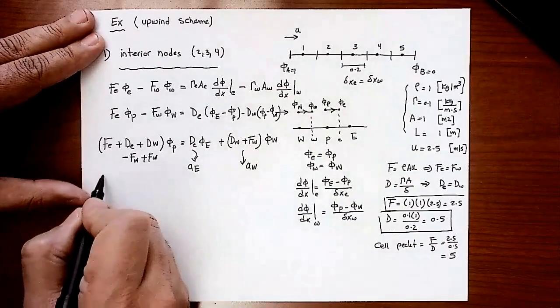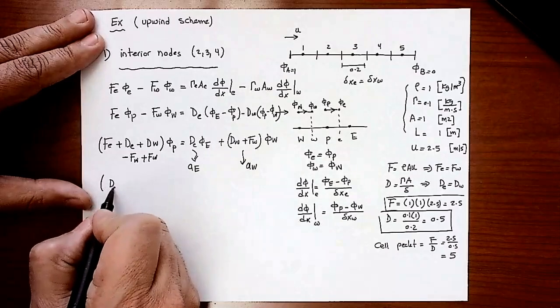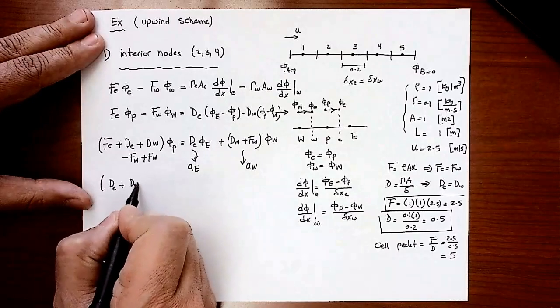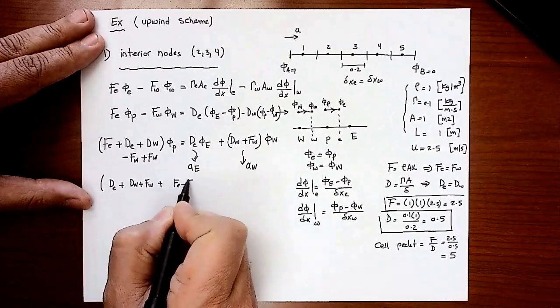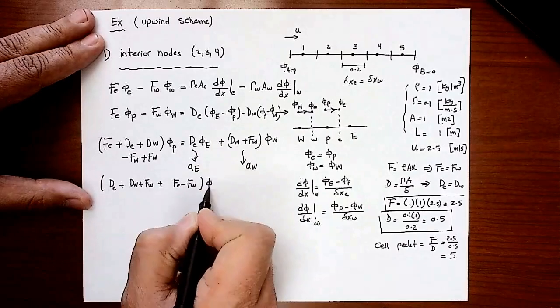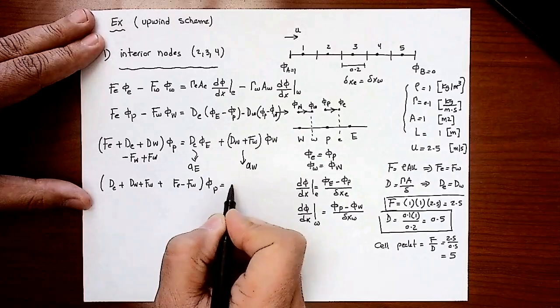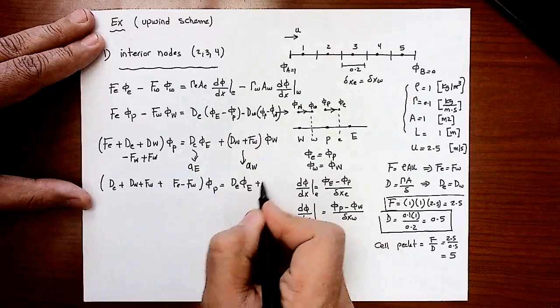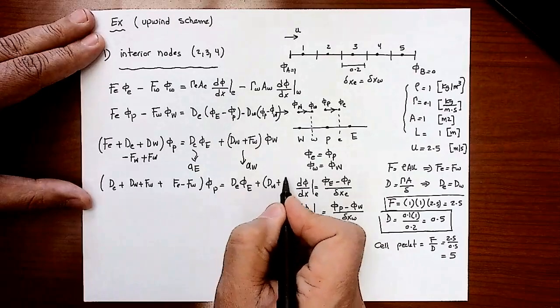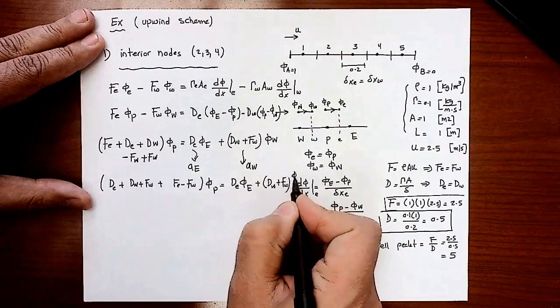So I will end up having d east plus d west plus f west plus f east minus f west, multiplied by phi p, equal d east phi east plus d west plus f west phi west.